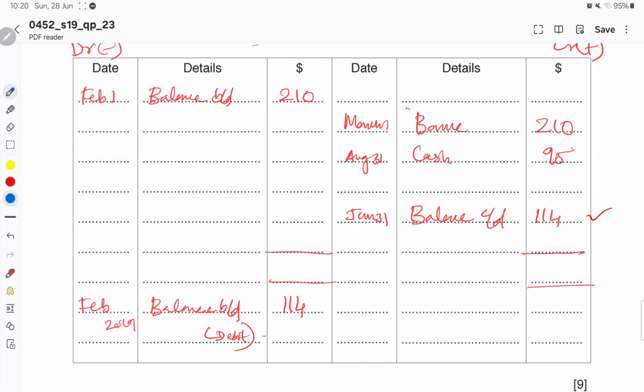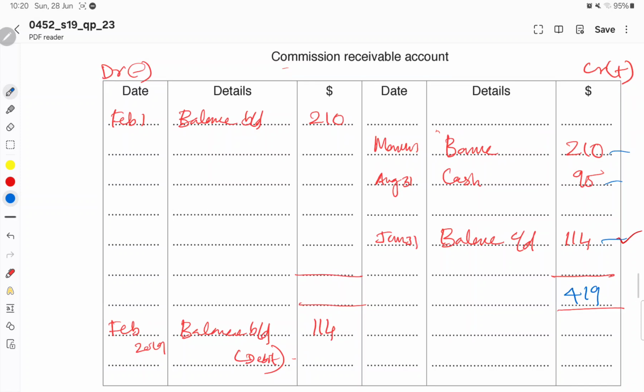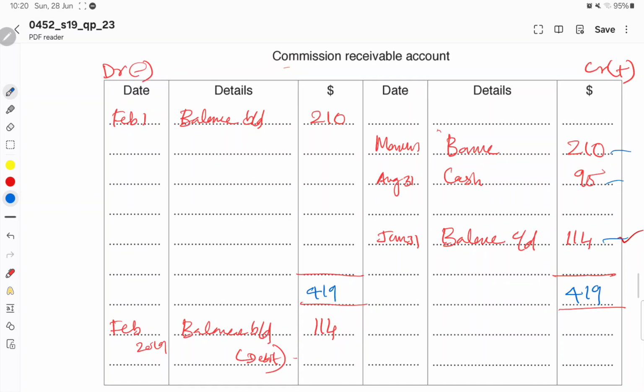Now when we are totaling, we will get the credit side is more. 419, 210, you total all this. Because the balancing figure is already there, whatever the remaining one will be, that amount will be the income statement amount. If the income statement amount is not given, this will be the balancing figure. So the remaining balance will be 209, on January 31st.